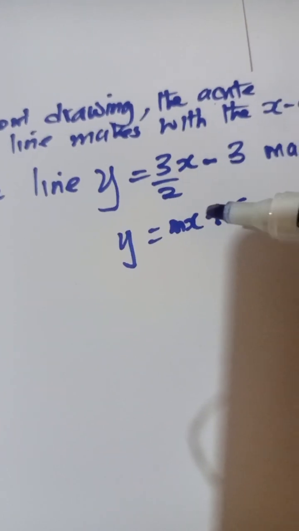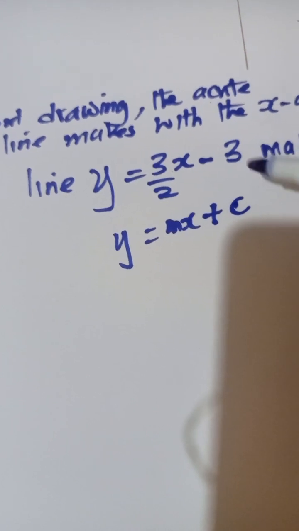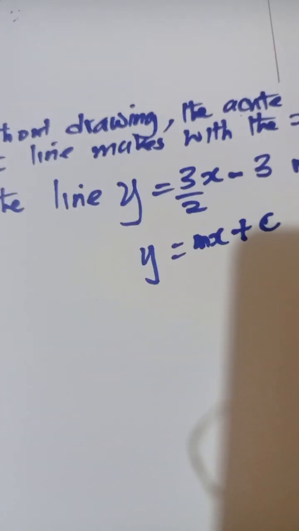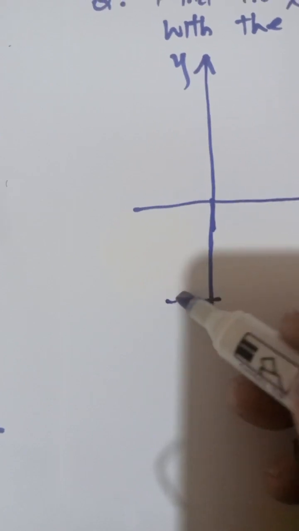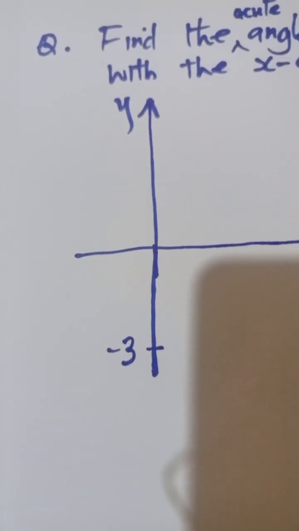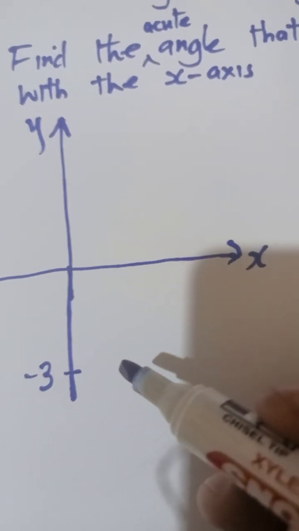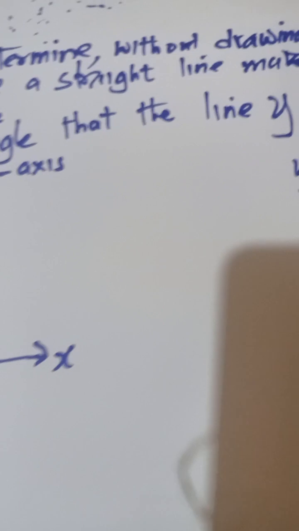In our case, our equation is already written in that general form, so c corresponds to -3. Therefore, coming to our diagram, the y-intercept is at -3, somewhere down here. Now we are not drawing, this is just a sketch, so we are not drawing to scale. We are only showing the key features.